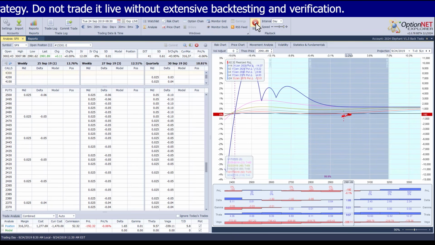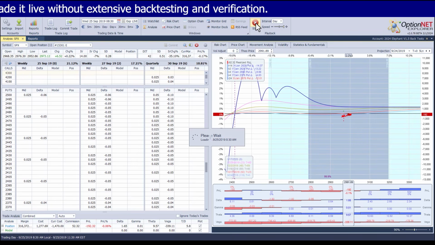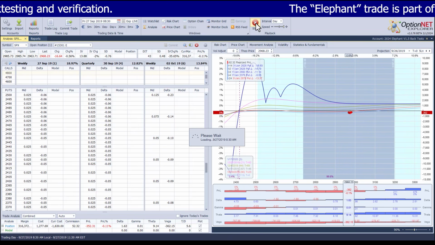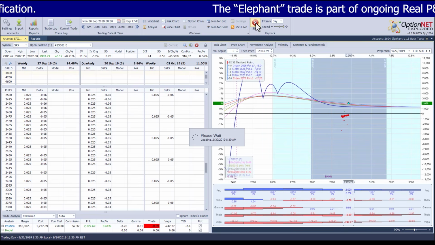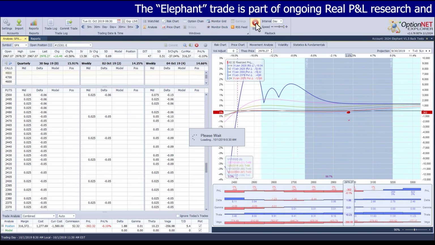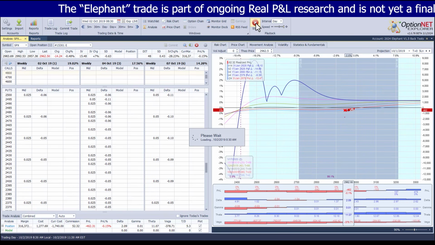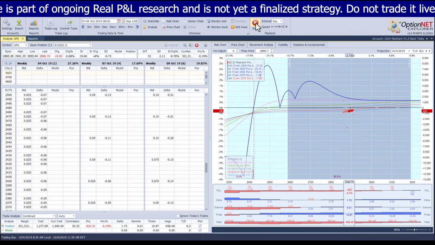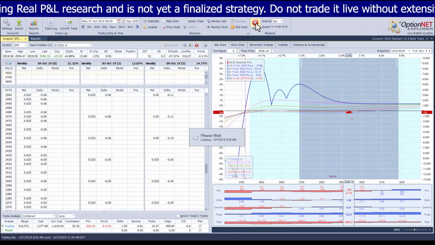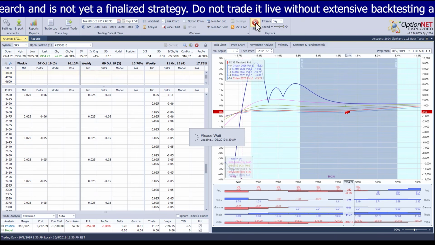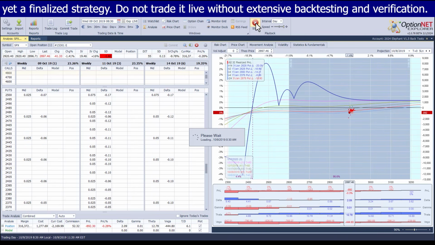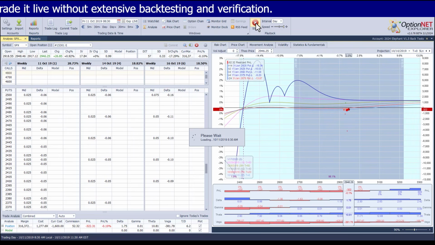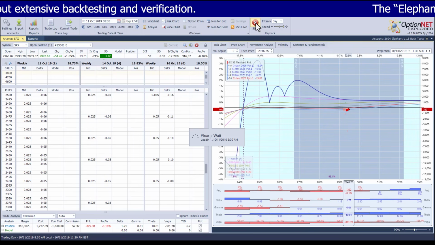Getting towards the end of September. Looking for $600 profit. That's a bad tick. October. Down 300. We're in October.